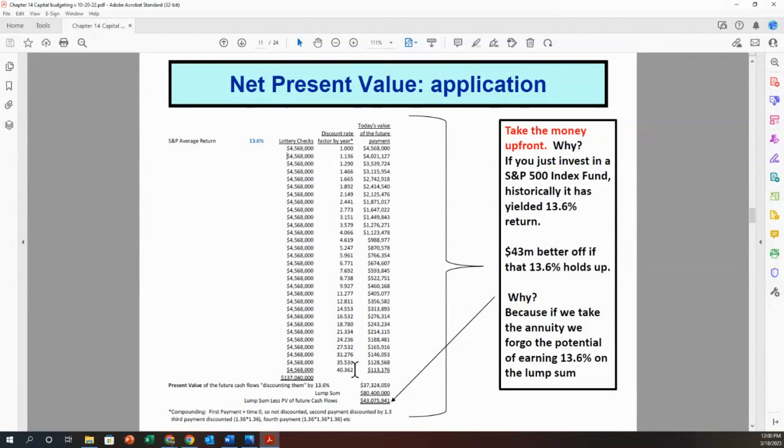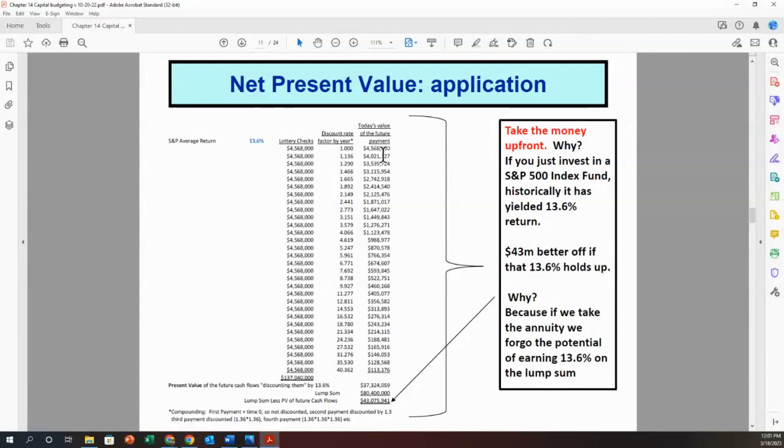Said another way, if I had $113,176 and I invested it and I got a 13.6% rate of return year in and year out for 30 years, I'd have $4.568 million at the end of 30 years because of that 113 that I invested. So this is how you account for the time value of money.